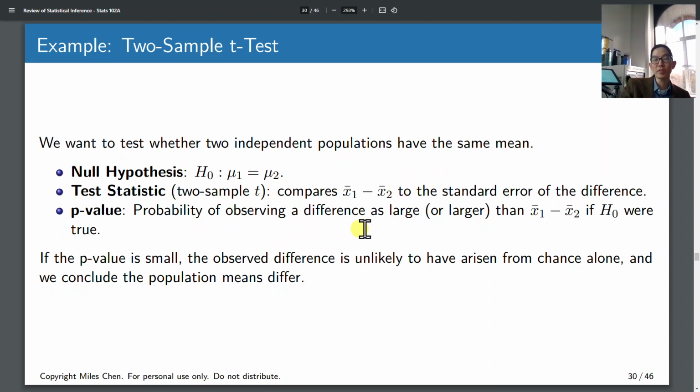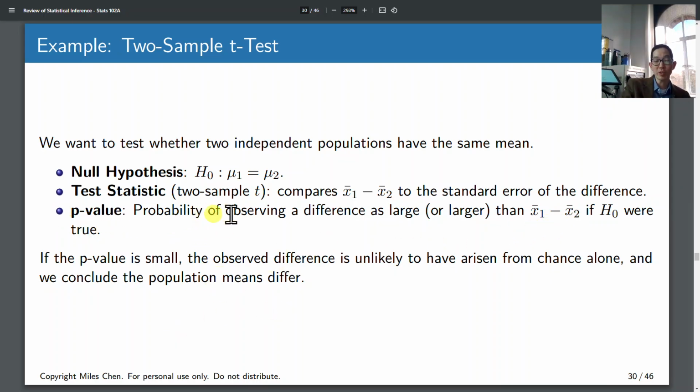What's the probability of observing a difference as large as or larger than whatever we got, x bar 1 minus x bar 2, if the null hypothesis were true? If the null hypothesis were true, we would expect this difference to be around 0 or close to 0 because mu1 and mu2 are equal to each other. Now, there's randomness, so they might not necessarily be exactly 0, but we would expect that difference to be small, okay?